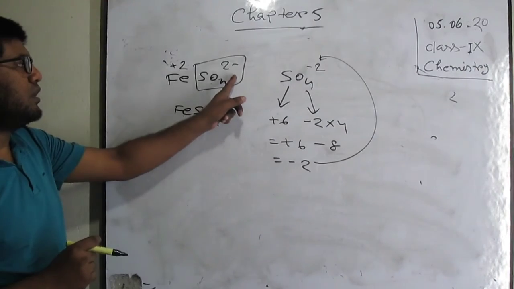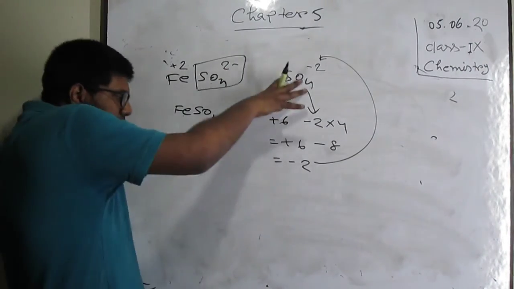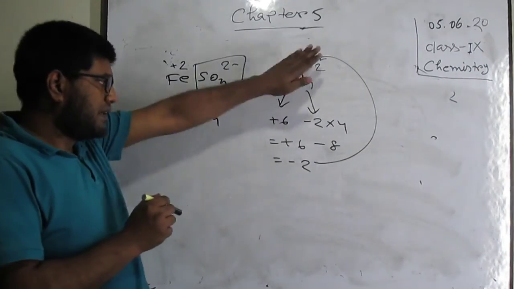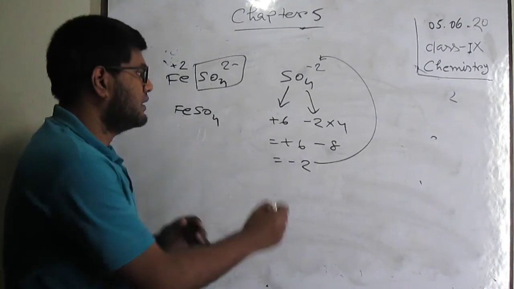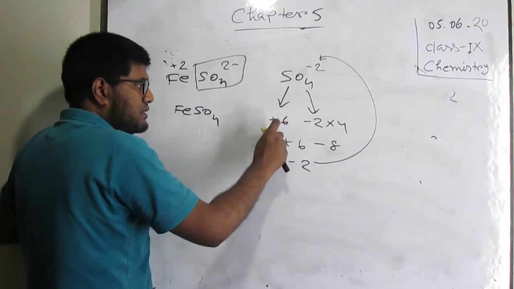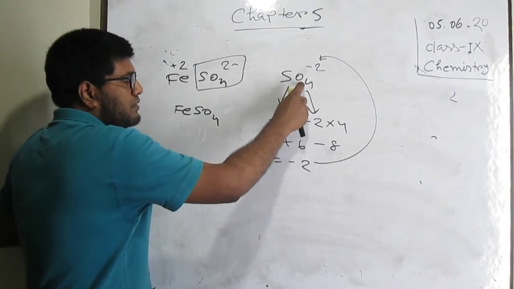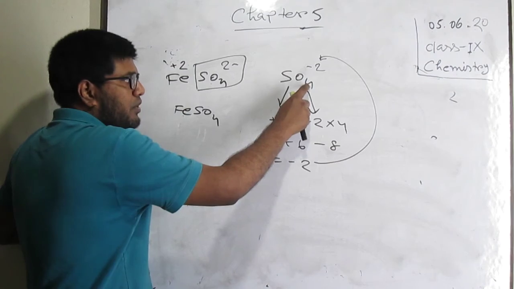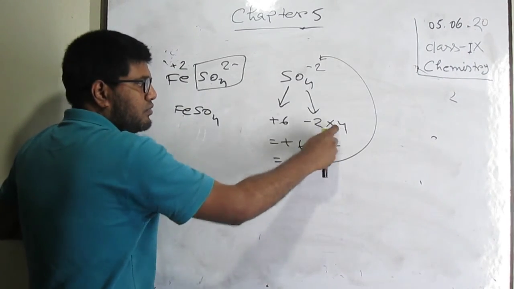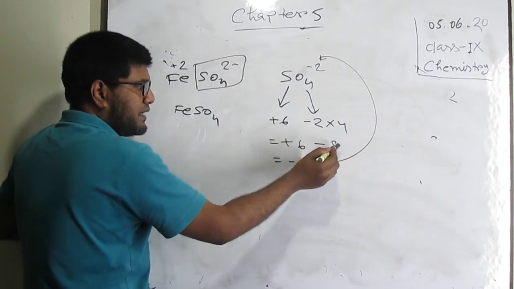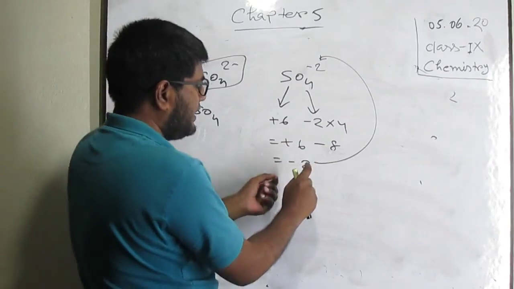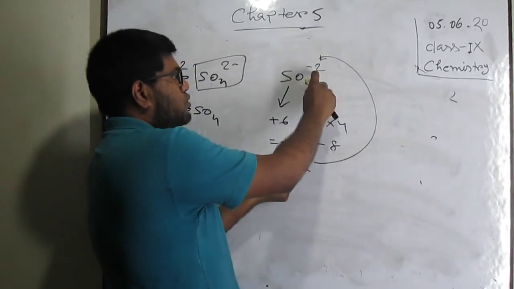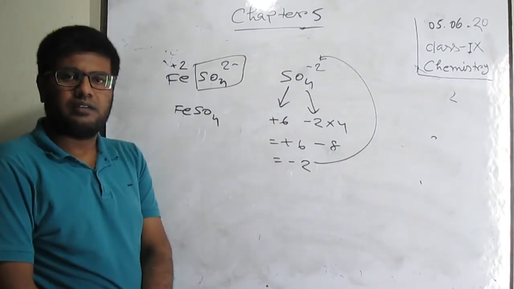So this is the formula of sulphate. So you should understand it this way. For the specific element, sulfur is plus 6, oxygen is minus 2 into the number of atoms of oxygen 4, minus 2 into 4, that means minus 8, plus 6 minus 8, that means minus 2. So we should write minus 2 here.